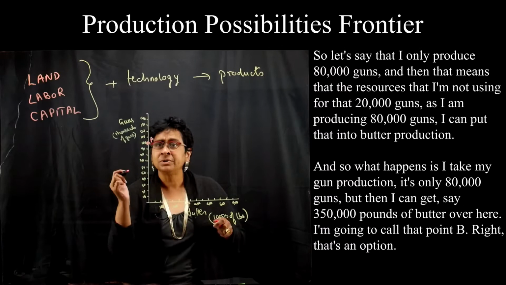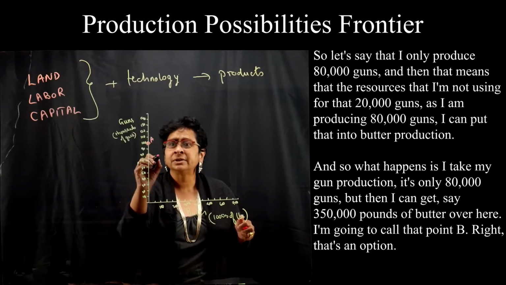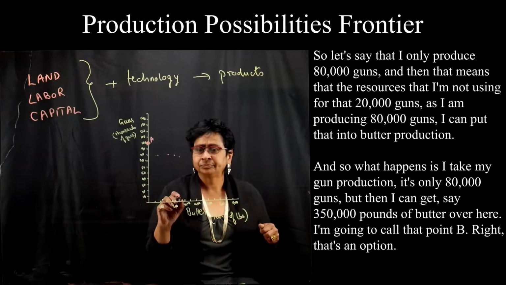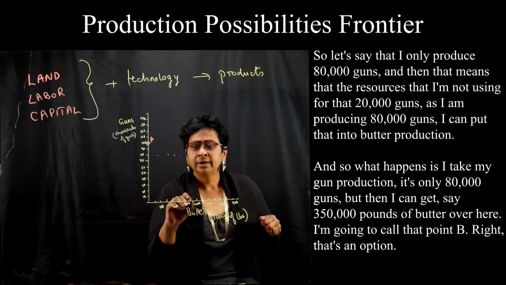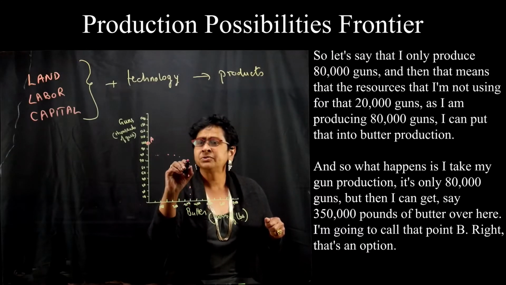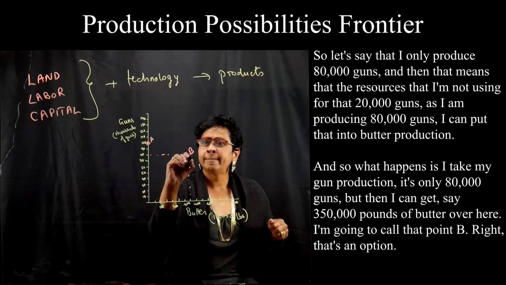So I take my gun production, and it's only 80,000 guns, but then I can get, say, 350,000 pounds of butter over here. So I'm going to call that point B, right?